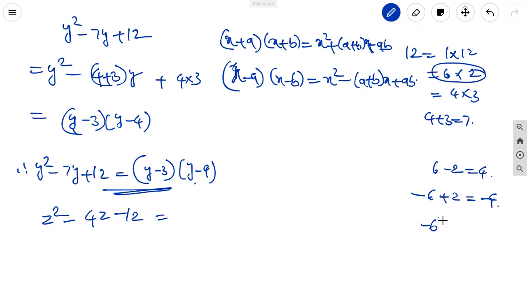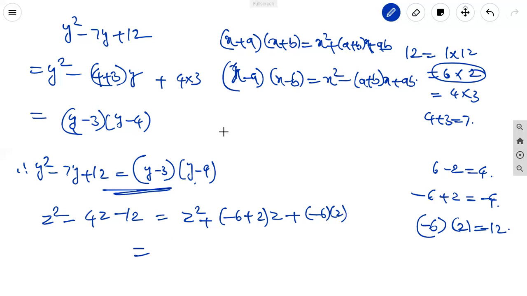Minus 6 into plus 2 equals minus 12. So it is z square plus (minus 6 plus 2) into z plus (minus 6 into 2), in the form of (x plus a) into (x plus b) equals x square plus (a plus b) x plus ab. So this is (z minus 6) and (z plus 2).